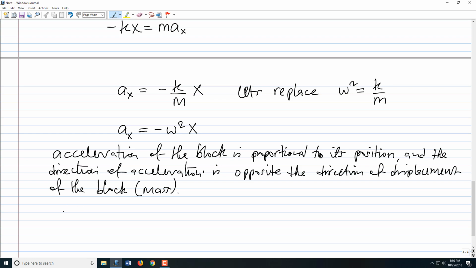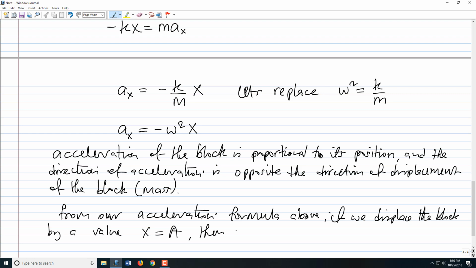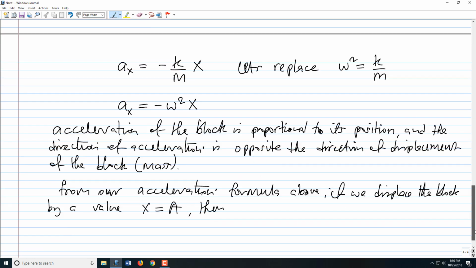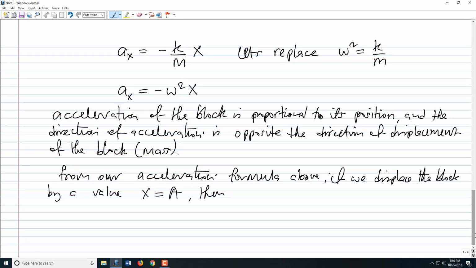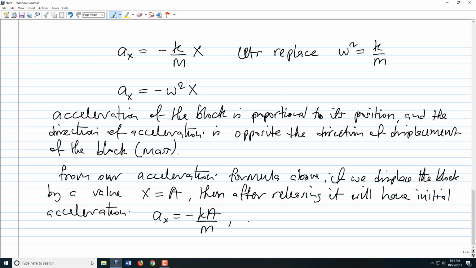Given the formula we have above, the initial acceleration of the block would be given by minus kA over m. And then when it passes through the equilibrium position at x equals 0, its acceleration a_x will be equal to 0.